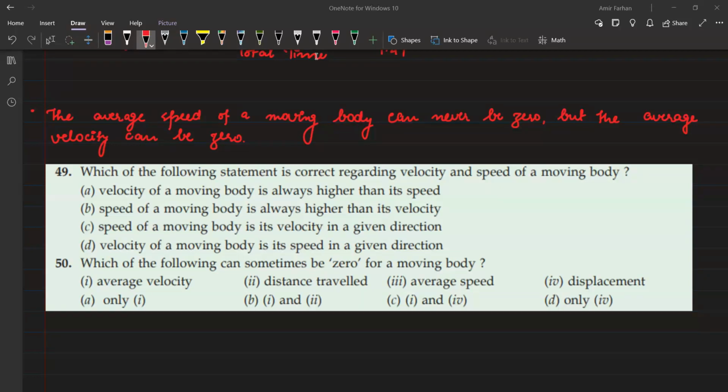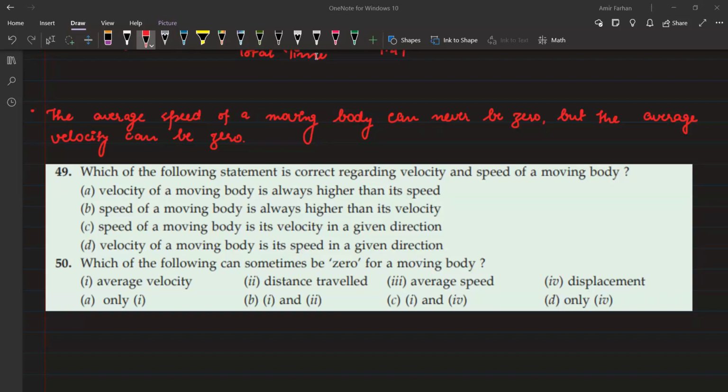ठीक है सामिया. Arhan, which answer? Any answer from your side here?